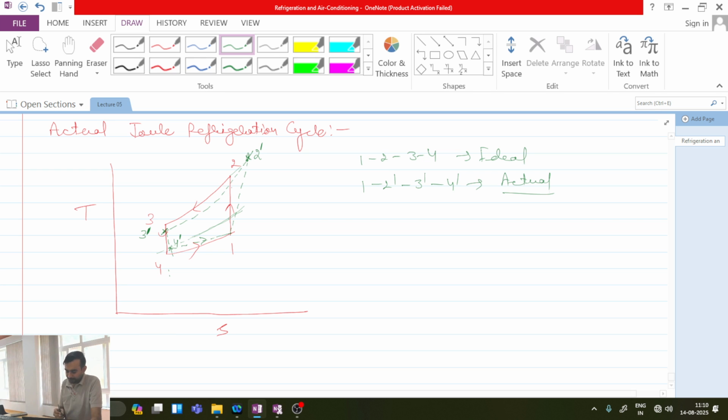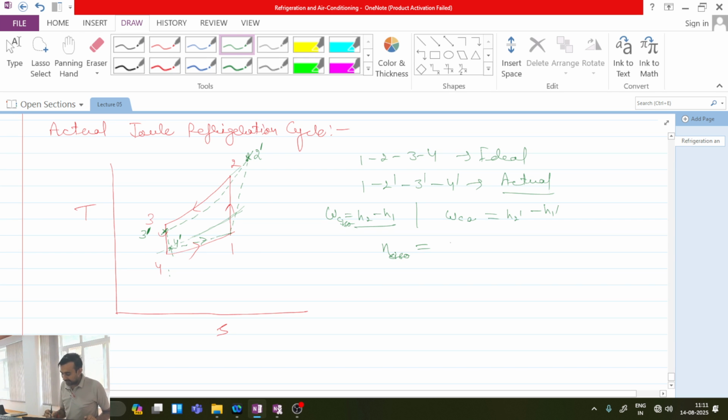What will be the deviation? For an isentropic process, work done is H2 minus H1. But in an actual process, work consumed by the compressor, so this is for the isentropic, WC iso. But if I calculate WC actual, then WC actual will be equal to H2 dash minus H1 dash. Okay, so basically I will have some isentropic efficiency of the compressor over here.